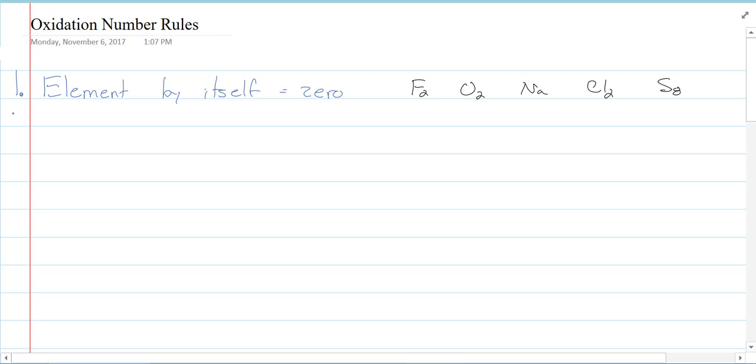Rule 2: a monatomic ion equals the charge of the ion.